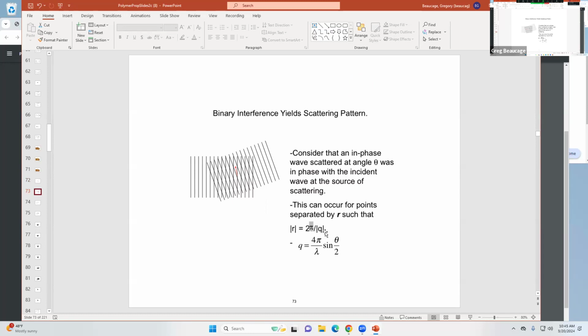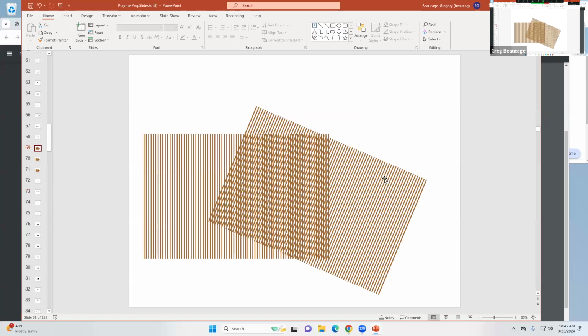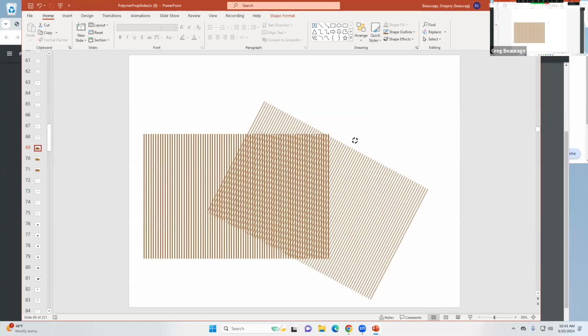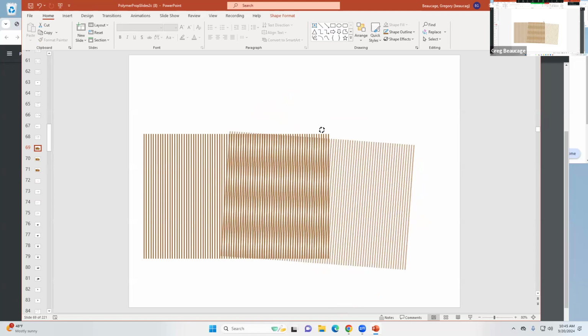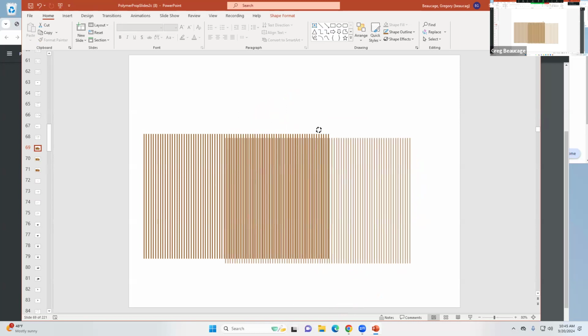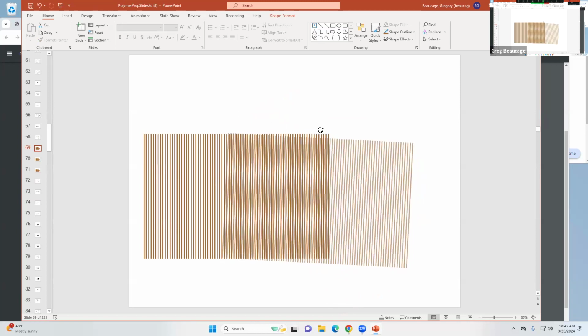Anyway, R is related to Q: R = 2 pi over Q. As you scan the angle, that vector R changes. As I scan the angle, R gets small at high angle, gets large at small angle, and goes to infinity at 0 angle. So with X-rays, you can measure meters if you want. The problem is experimental, it isn't conceptual.